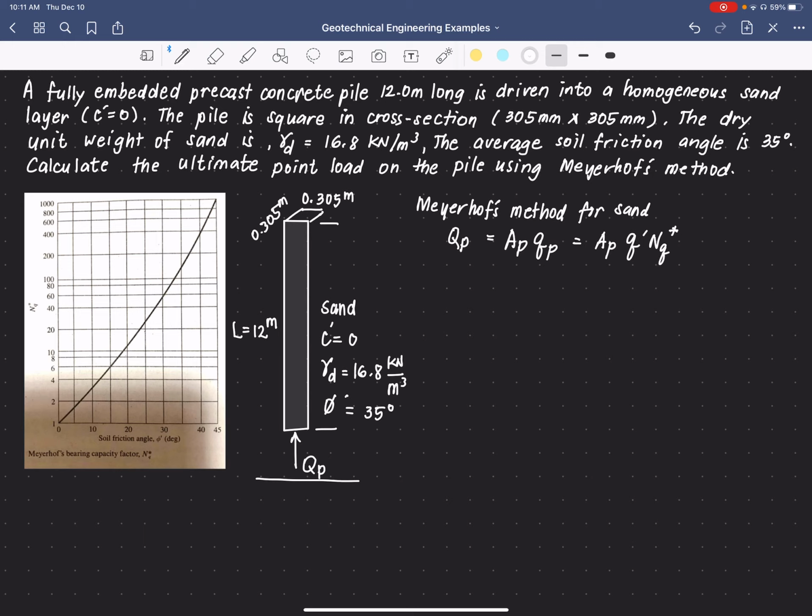This can be found on page 660 of the book by Das and Sivakugan, equation 18.13. So let us write, this is equation 18.13 for your reference.